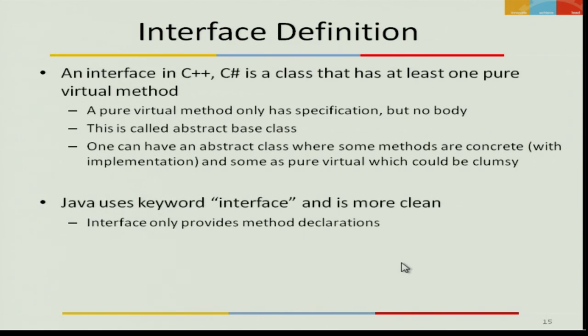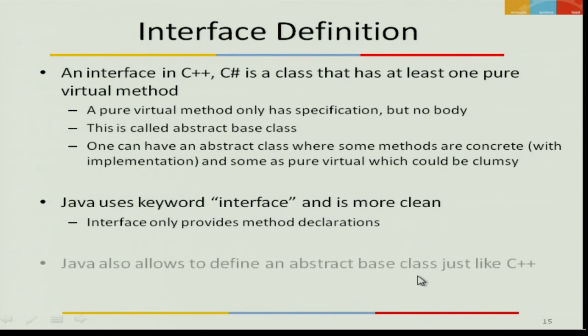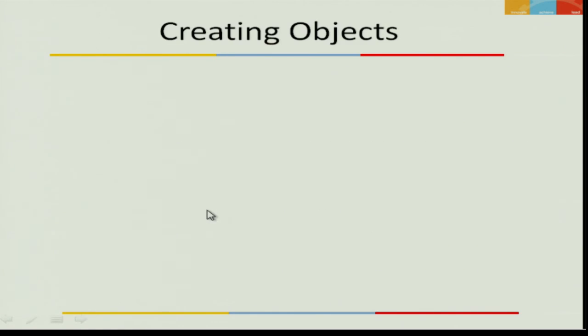Java uses a more clean design, for which they use a term called interface. So an interface only provides method declarations. Java also allows you to define an abstract base class like C++, but for a pure interface, it is much cleaner compared to C++.